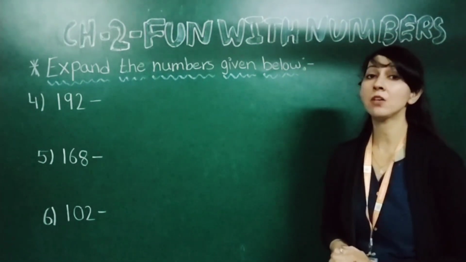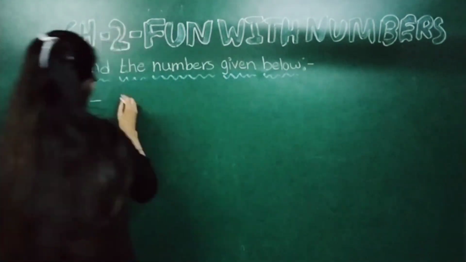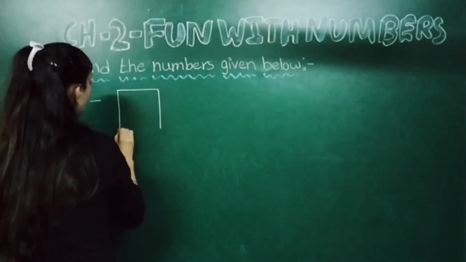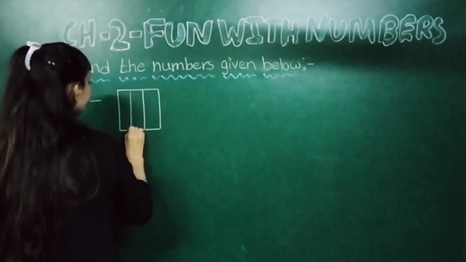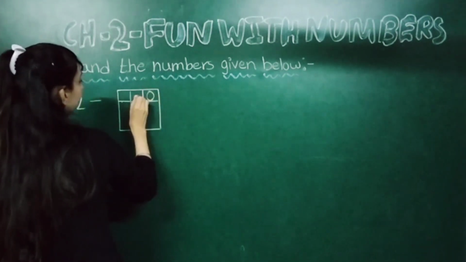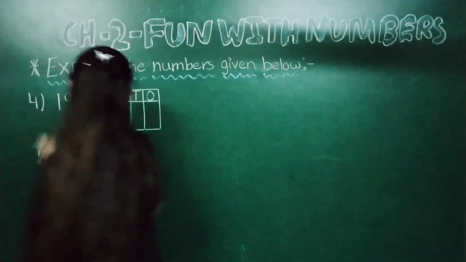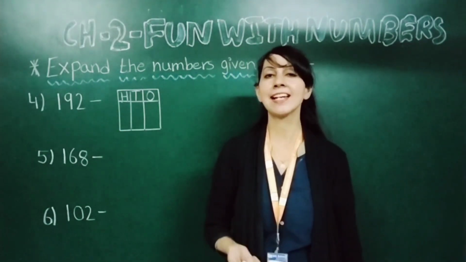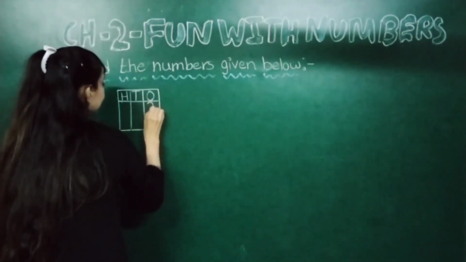192. Now first of all, let's see its place value. So now here we will make columns of ones, tens and hundreds. Here we will write O, here T and here H. Now this 2 comes in ones place, so here we will write 2 in ones place.